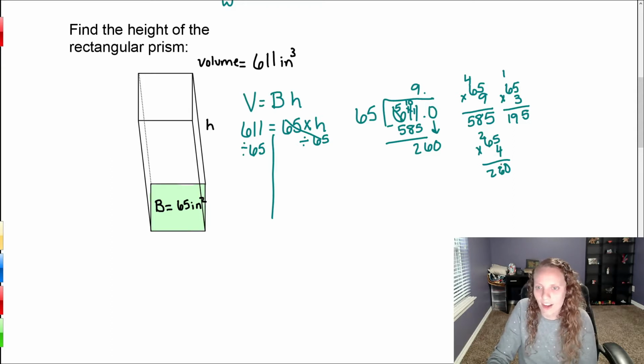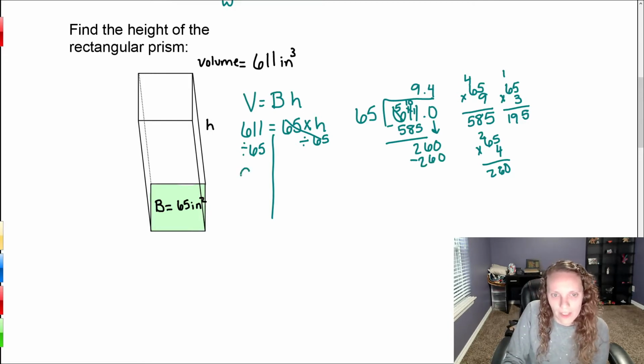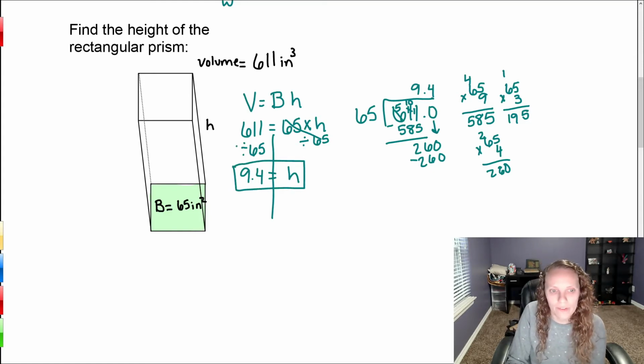So 65 goes into 260 4 times. So when we divided, we got 9.4. When we divided on this side, that canceled away, and all we had left over was H. So the height of the box would be 9.4 inches.